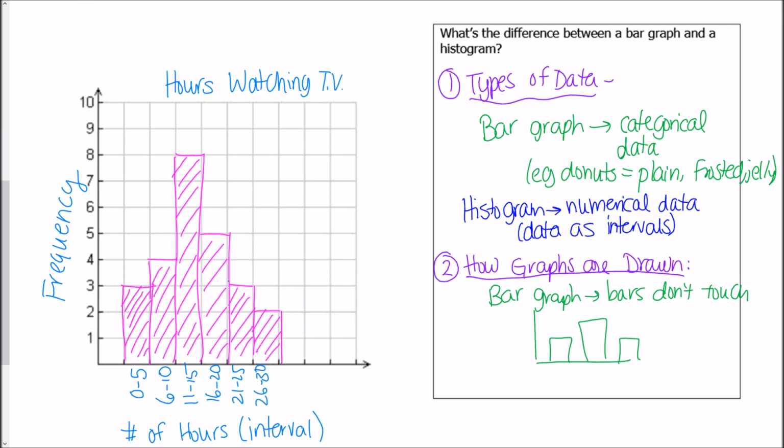But for a histogram, the bars do touch. There's no space in between our bars. So our histogram would end up looking more like this.